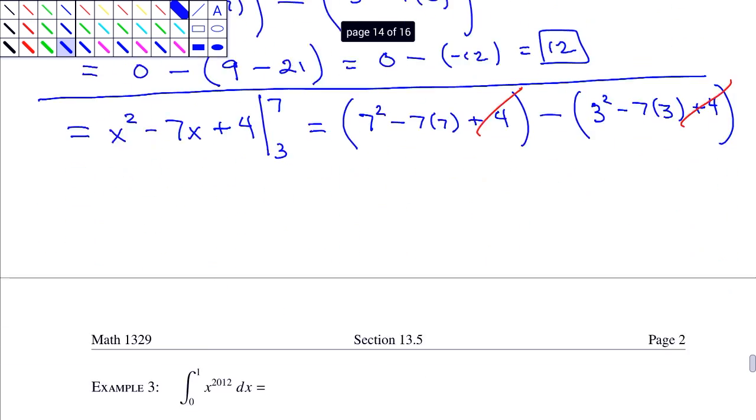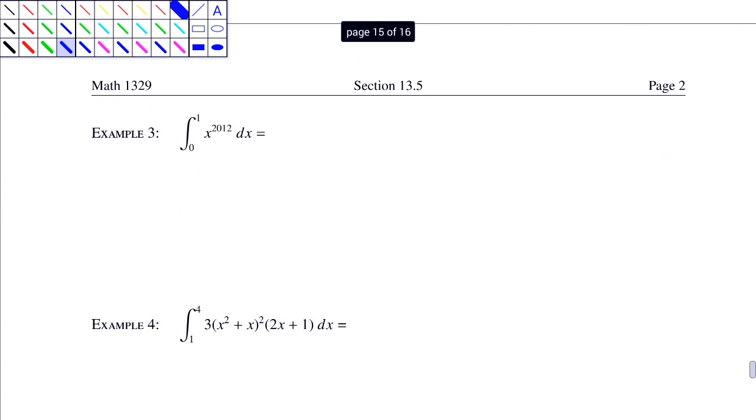All right, let's look at example 3. We have the integral from 0 to 1 of x to the 2012 power dx. We need to find the antiderivative. What's the antiderivative of x to the 2012? It's x to the 2013 divided by 2013.